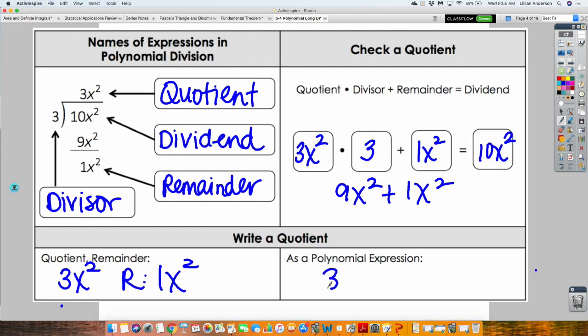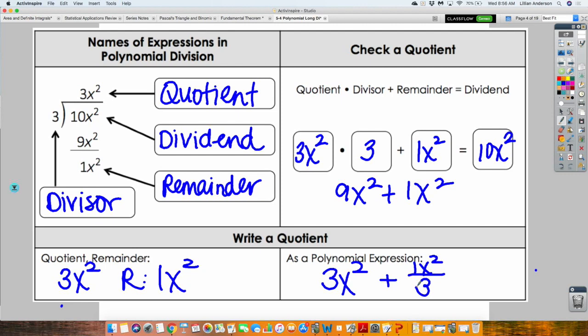How you should write it is as a polynomial expression. You write the quotient, and then you look at the remainder. If the remainder is positive, you put a plus. If the remainder is negative, you put a minus. And you write it as a fraction of your remainder over your divisor. That is the proper way to write the answer when you divide a polynomial expression.